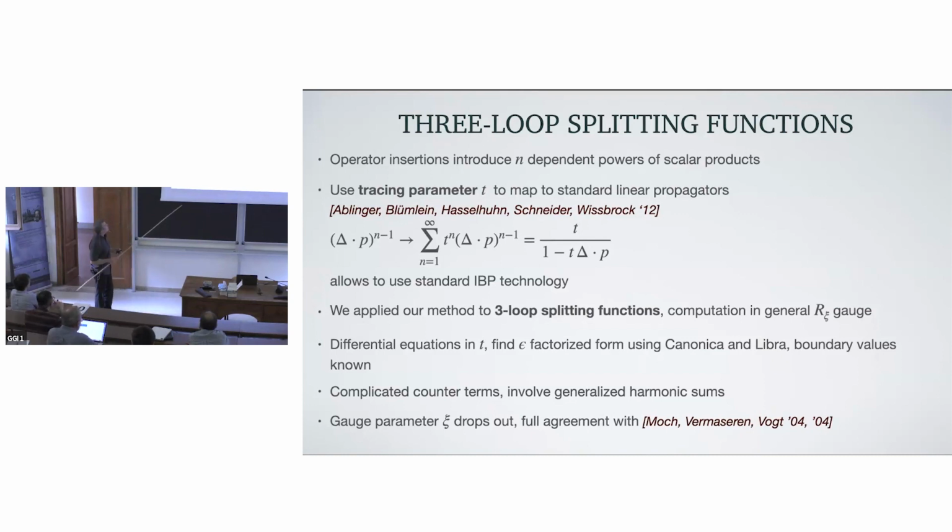And in this way, we perform a re-derivation of the three-loop splitting functions, which of course are known since a long time by Sven and company. We computed this for the first time in a general R_xi gauge, and surprise, xi cancels. So this is good. And we, of course, get full agreement with the old result.